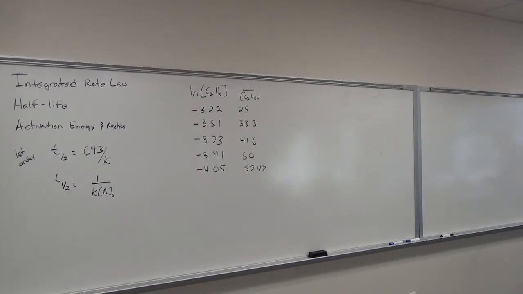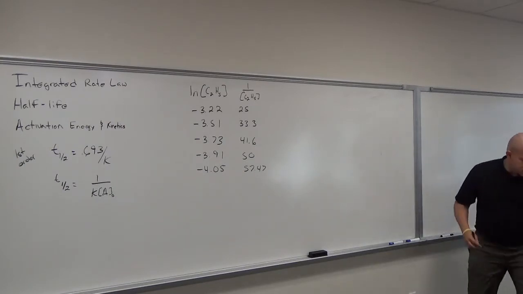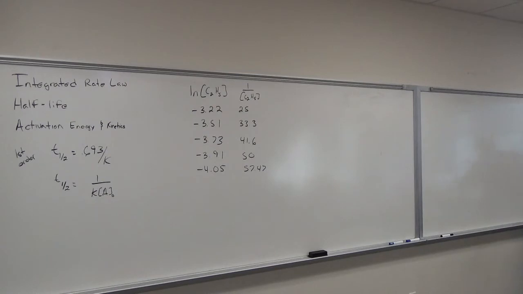Now, for those that don't remember how to do it from a graph, the best thing to do is to take a data point that is an exact position. So the best thing to do would be take the data point at x equals 150. So take this data point and relate that to a point on your straight line. If you drew a straight line here with your data, as best you can, I usually try to draw a dotted line.